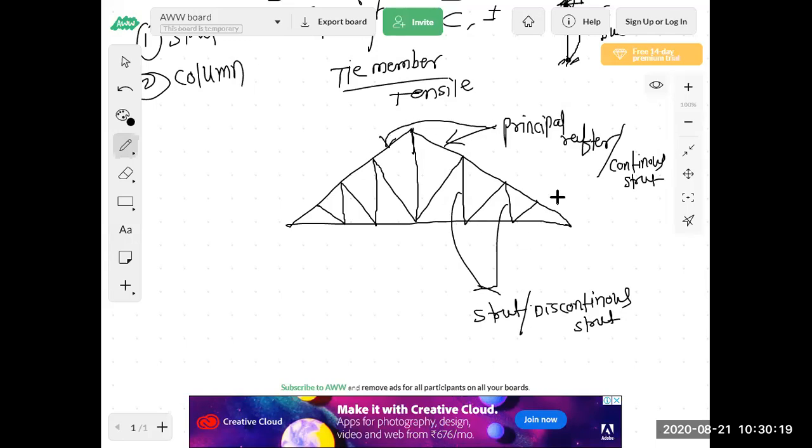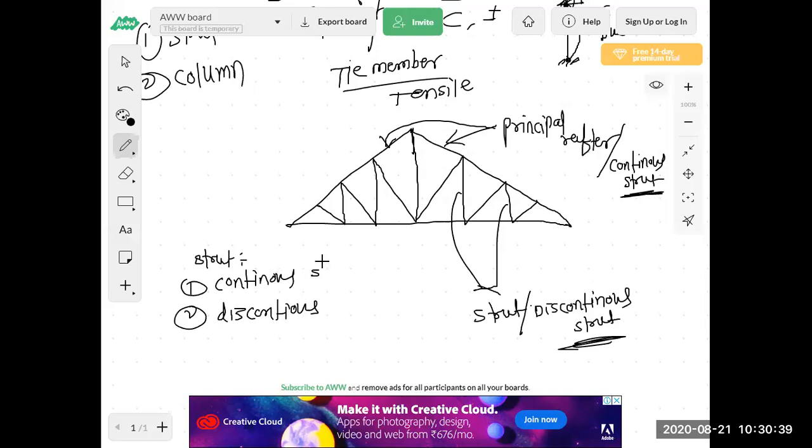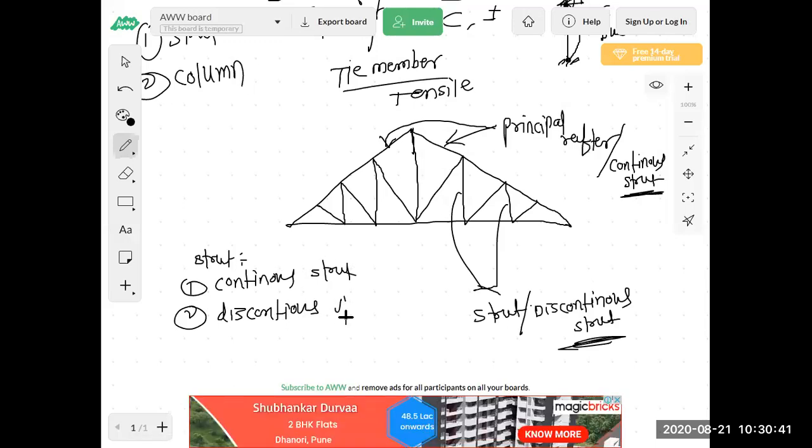See the basic difference: this is the continuous strut and this is the discontinuous strut. So strut is divided into continuous and discontinuous.